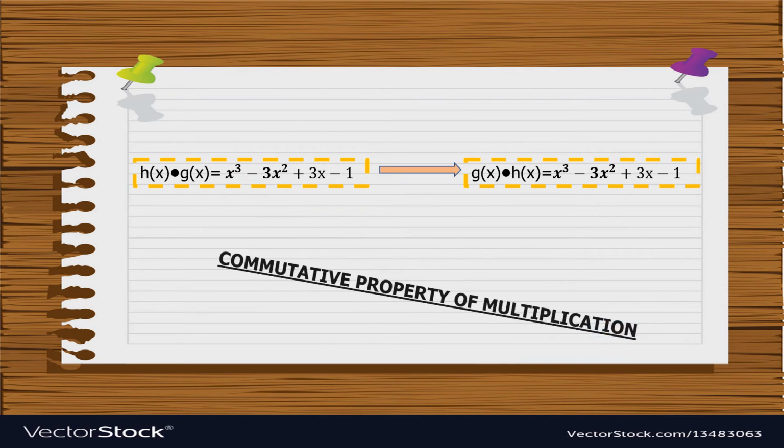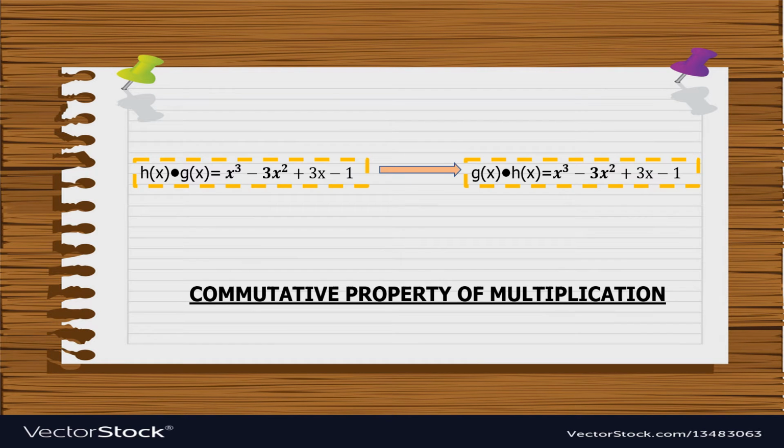Therefore, the commutative property is applicable over multiplication. So remember, h of x multiplied by g of x is the same as g of x multiplied by h of x.